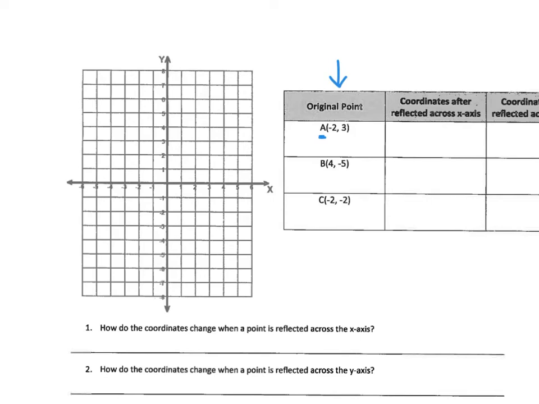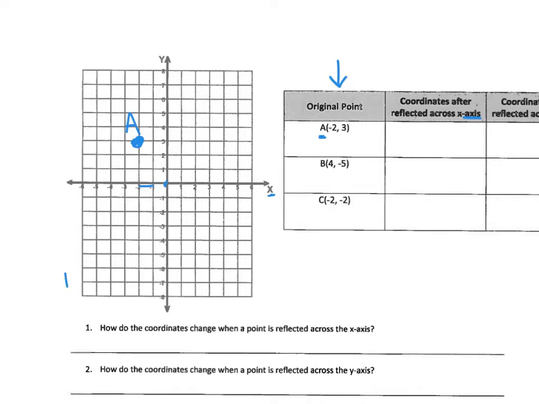So point A is at negative 2, 3. So that's going to be from the origin, negative 2, 3. Okay, over here in quadrant 2, I'm going to write this as just point A at negative 2, 3. Okay, now if we reflect that point across the x-axis, okay, x-axis is your horizontal, that means we have to jump over that.